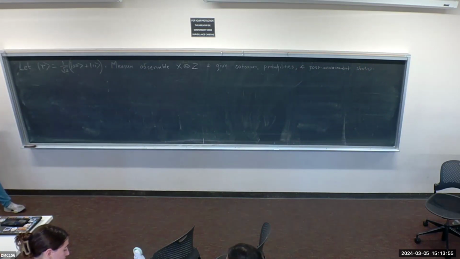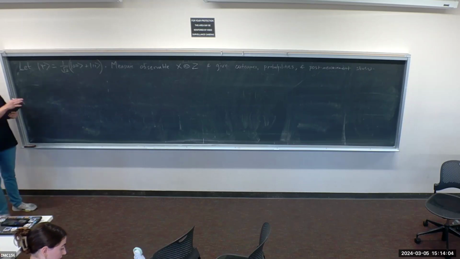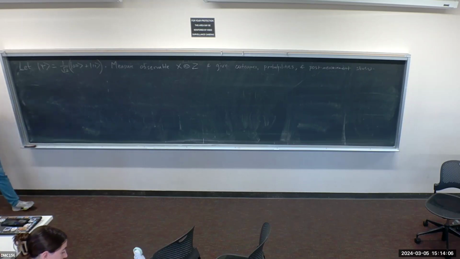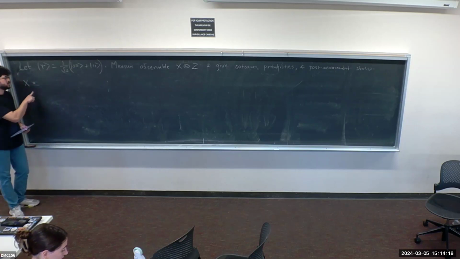So the first thing which you should aim to do for any measurement question is to get the set of measurement operators. Now for an observable, you need to construct manually the set of measurement operators by constructing the spectral decomposition. So we know that for X, does anybody remember the spectral decomposition of X?